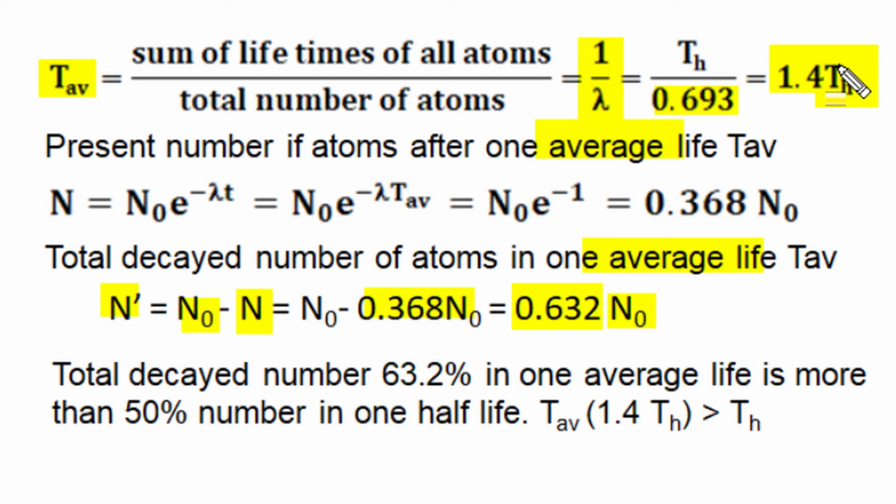In half-lifetime the total decayed amount is only 50%, and in the extra 40% time the total decayed amount will become 63.2%. So more amount will decay in more time, as the average or mean life of a radioactive substance is more than its half-life. In one half-life 50% amount will decay, and in mean life 63.2% amount will decay.